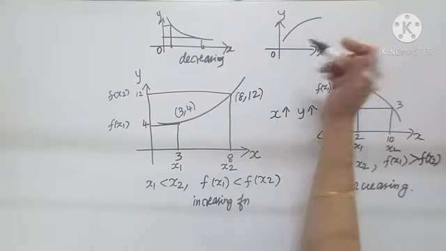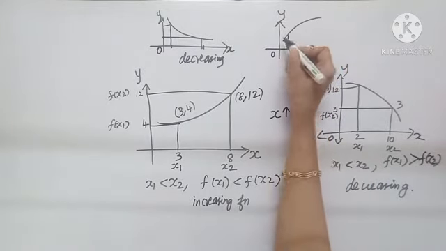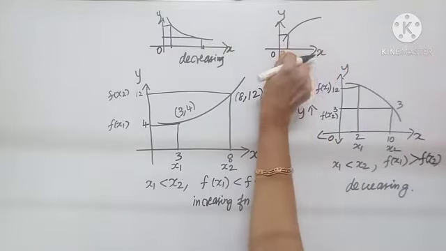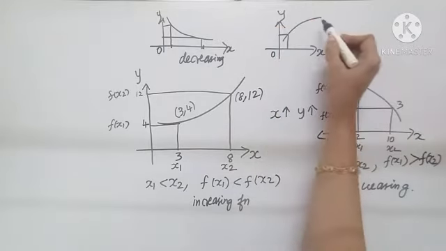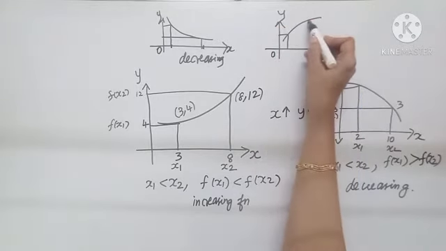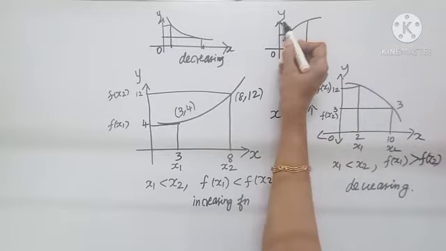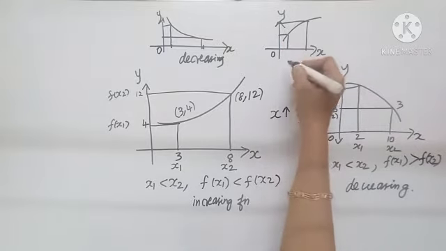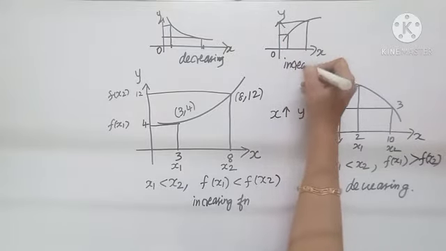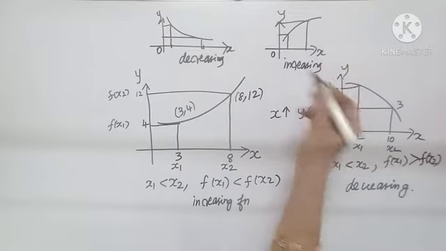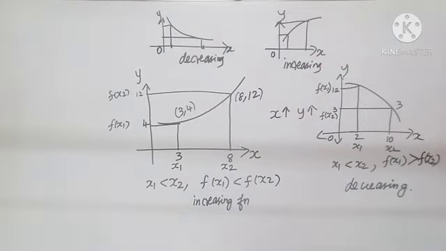A curve like this. See the values. x is small, y is also small. When x is big, y value is also big. So this is an increasing curve. So as we see, there are 4 types.